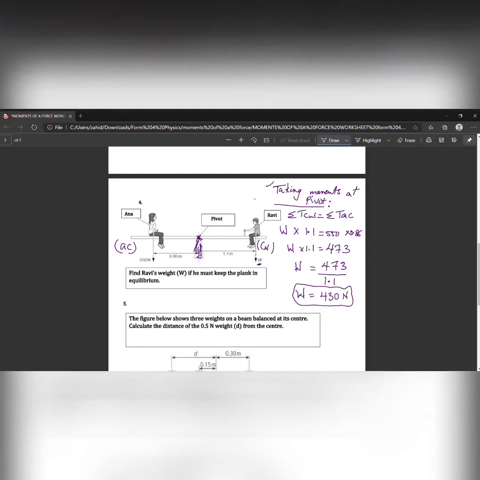Now let's stop and check something. Should he have a lesser weight? Well, he is further away from the pivot than Anna. Ravi is further away from the pivot than Anna is. So you would expect, therefore, his weight to be slightly less, simply because you want their turning effect to be the same. This is synonymous to two children on a seesaw.